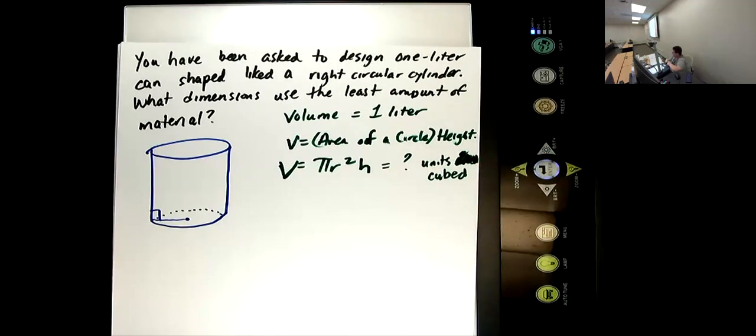So 1 liter doesn't show me any cubic units. Does anybody know how 1 liter translates to some sort of cubic units? I think I know, but I'm going to look it up, unless someone else says the same number I'm thinking. It's related to centimeters cubed. I had 1,000 in my head, so let's check.